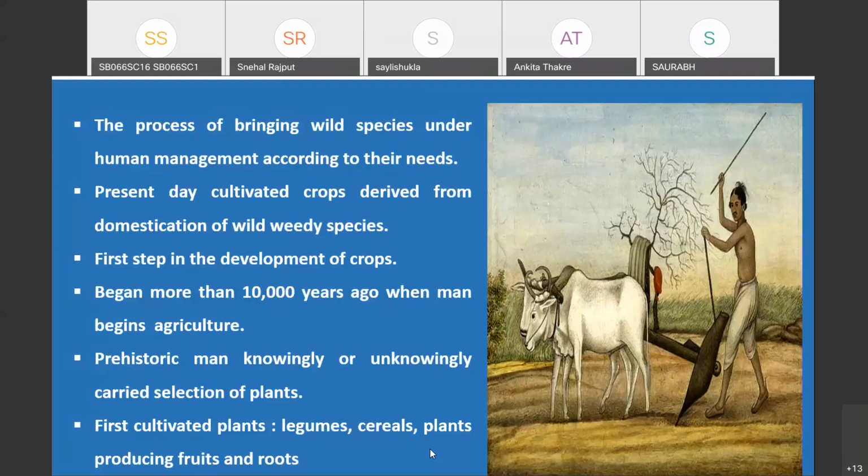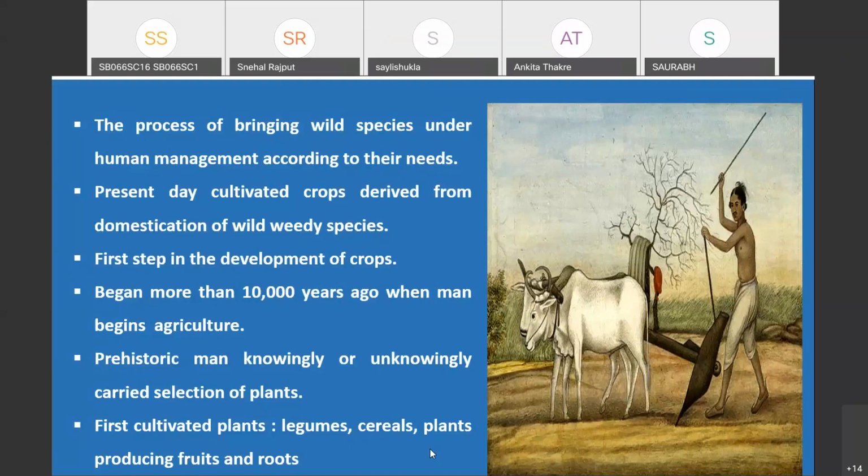For example, wheat, jowar, and the different types of pulses like green gram and black gram are believed to be derived from the process of domestication of wild weedy species.